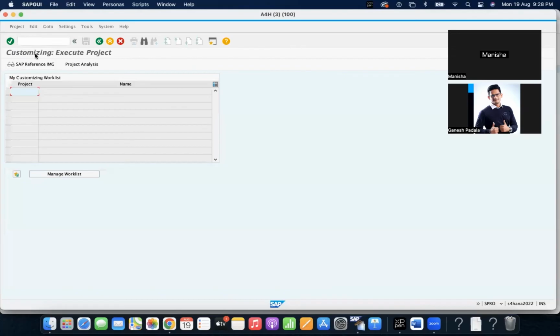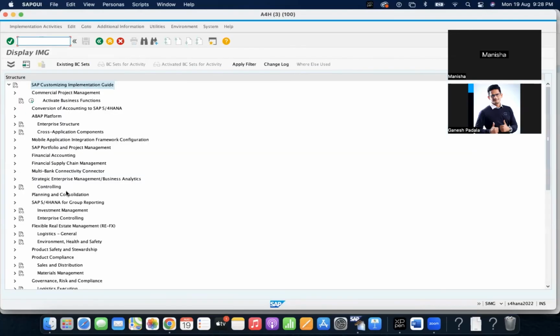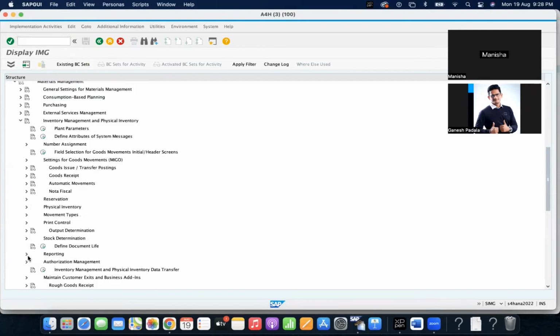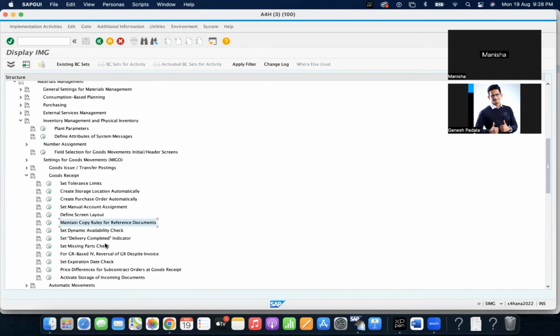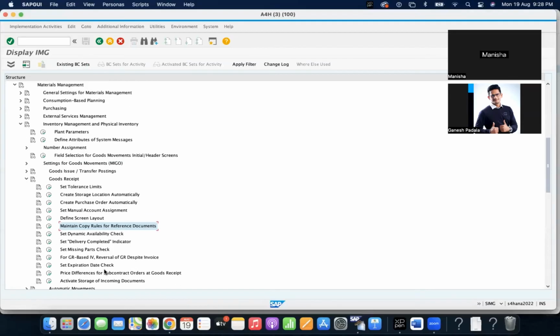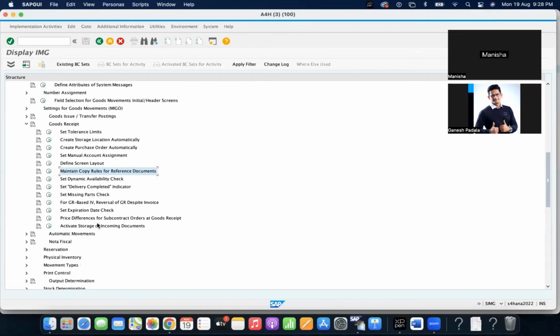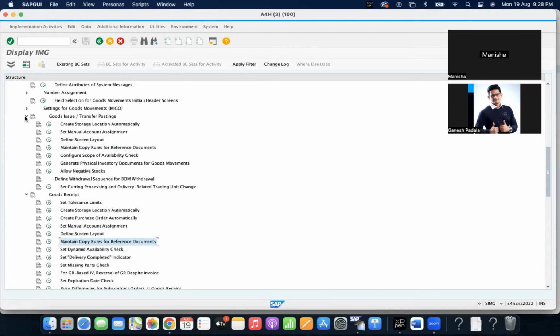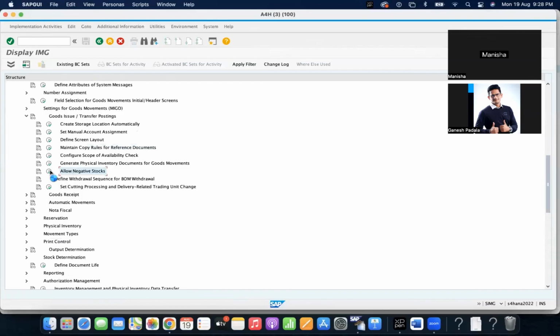If you allow negative stock at that storage location level, go to SPRO, Materials Management, Inventory Management, Goods Issue, Allow Negative Stocks.